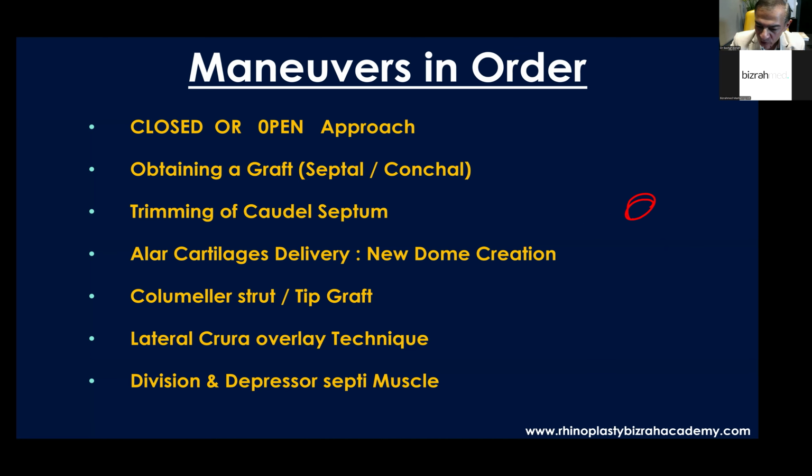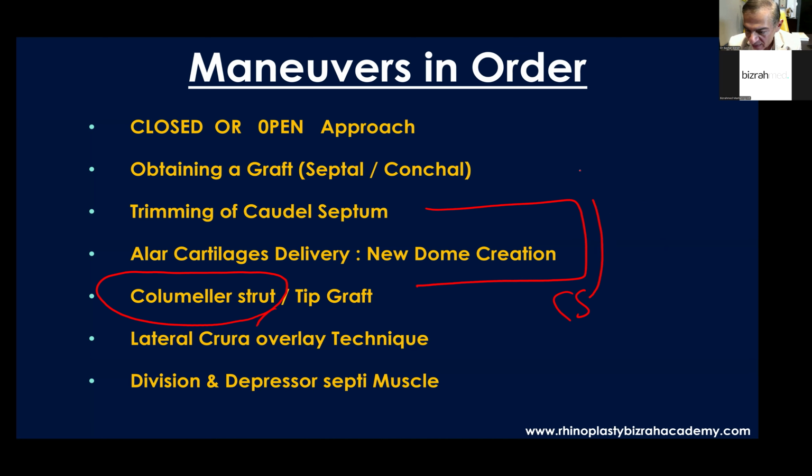And then most importantly, as we said, the columellar strut, the extended columellar strut, is very important. If we have the nasal septum there, and this is the caudal septum here, and the medial crura is there, then we need to consider our extended columellar strut like this. This columellar strut is the bridge between the medial crura and the caudal septum.